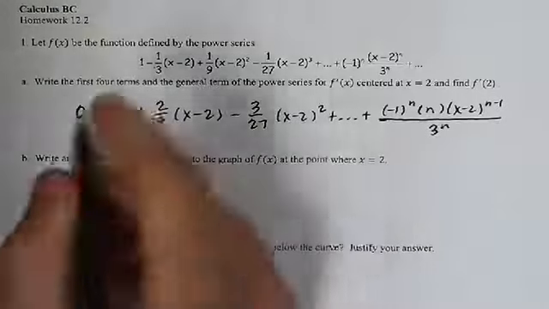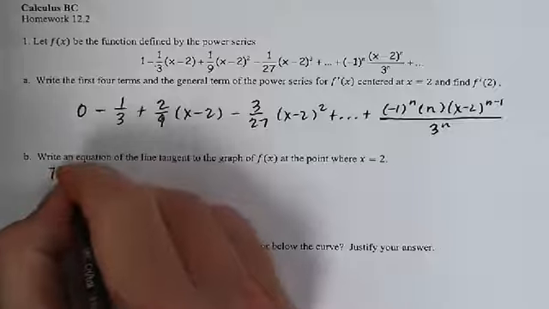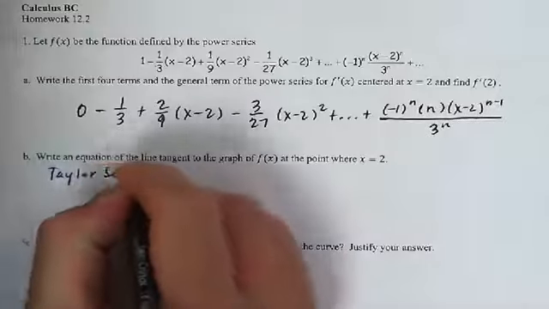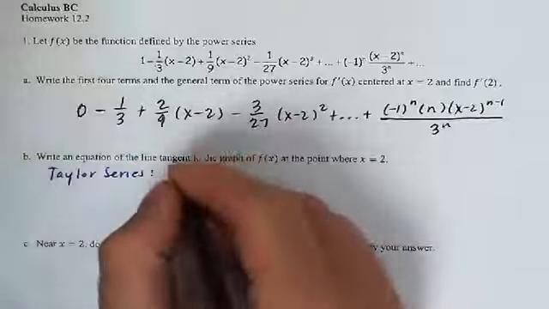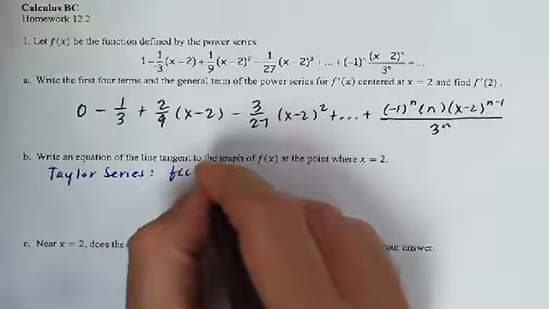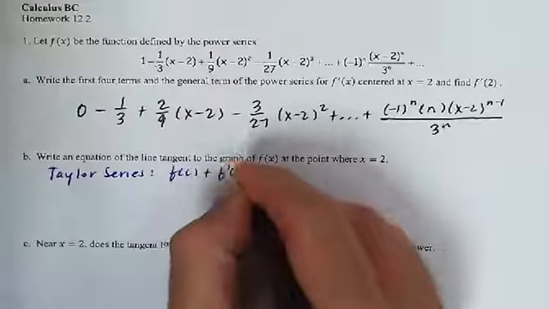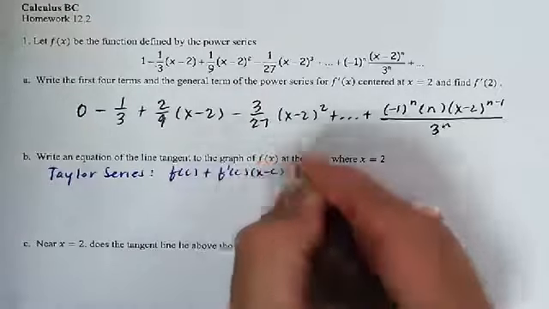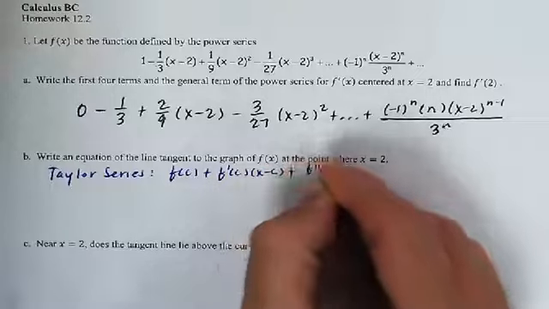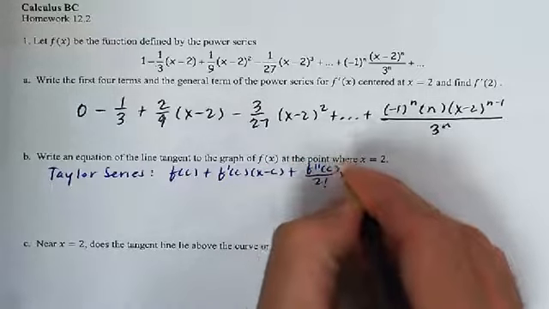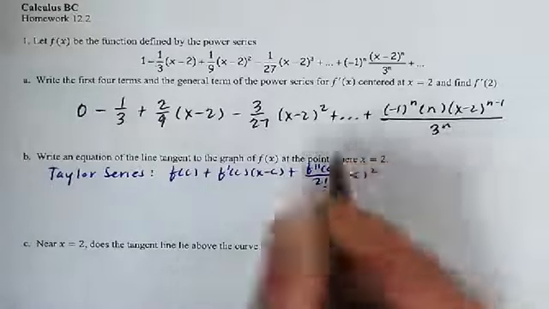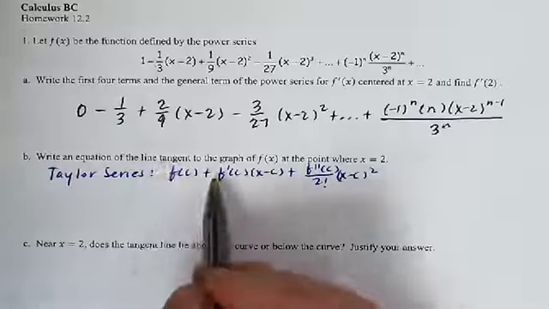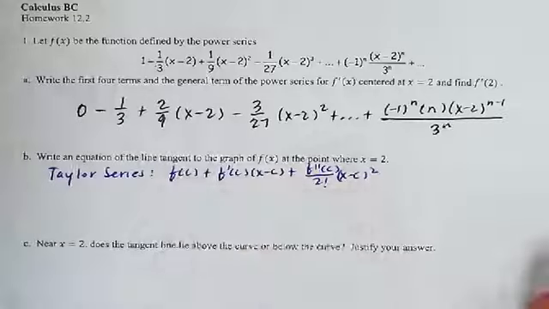Remember that the Taylor series is f of c plus f prime of c multiplied by x minus c, plus f double prime at c over 2 factorial times x minus c squared. Well, for the tangent line, all I'm going to need is the point and the slope, f of c and f prime of c.